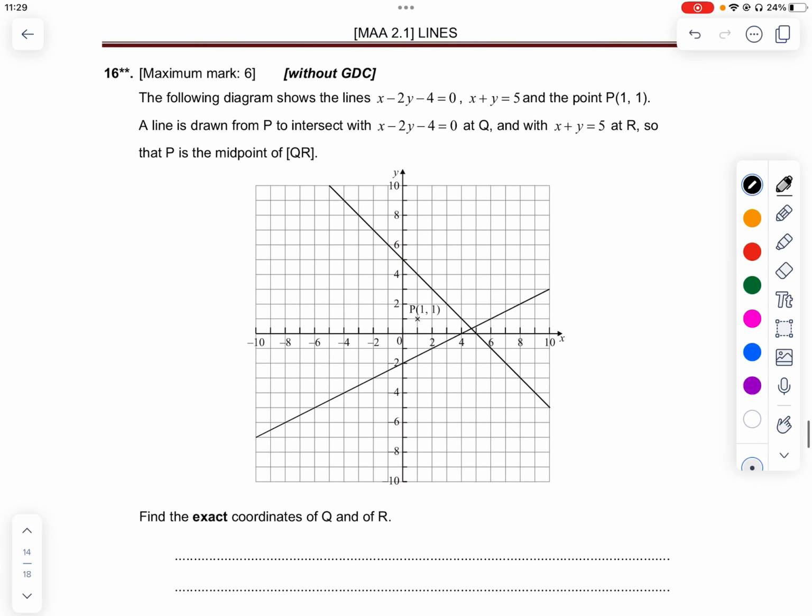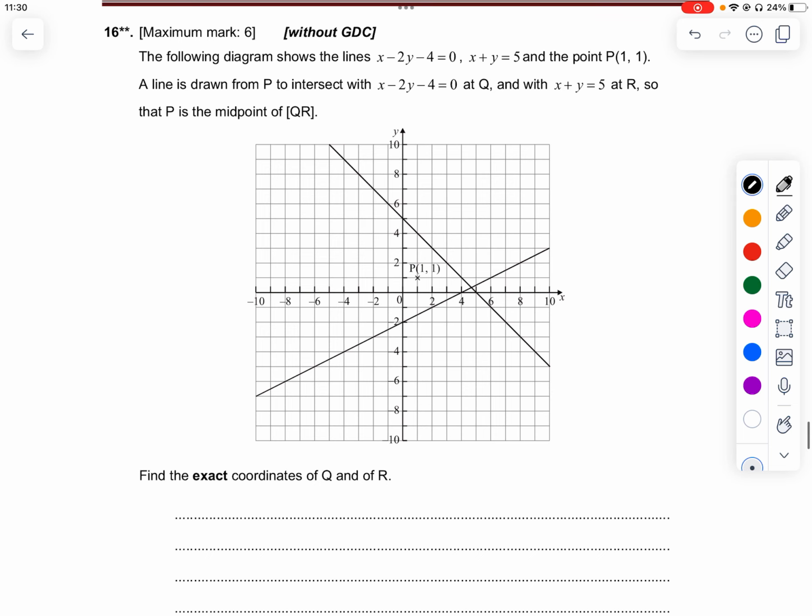Now question number 16. The following diagram shows the line x minus 2y minus 4 equals 0 and x plus y equals 5, and the point P 1 comma 1. A line is drawn from P to intersect x minus 2y minus 4 equals 0 at Q and x plus y equals 5 at R, so that P is the midpoint of QR.